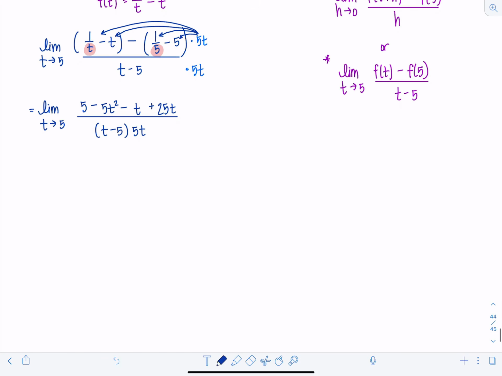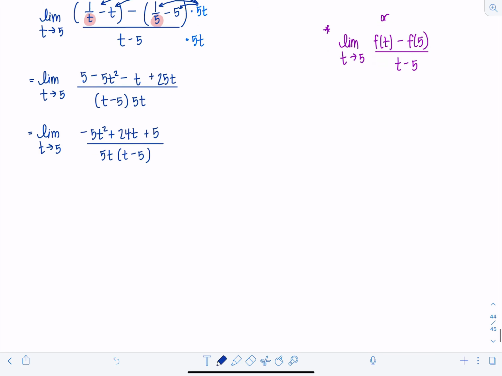Good. I notice I can combine like terms in the numerator. So I have the limit as t approaches 5 of negative 5t squared plus 24t plus 5 over, let's put the 5t first. Doesn't it look so weird at the end there? Good. Now, when I use this version of the formula, usually I have to try to figure out how to factor.